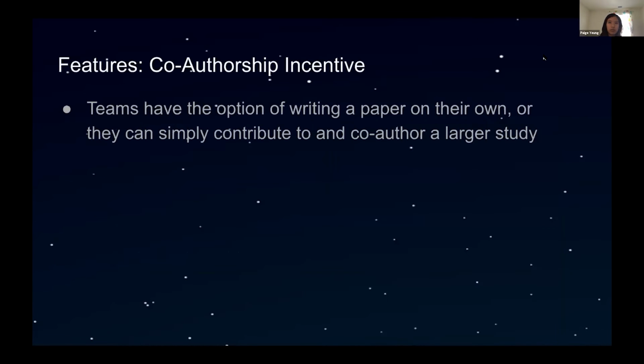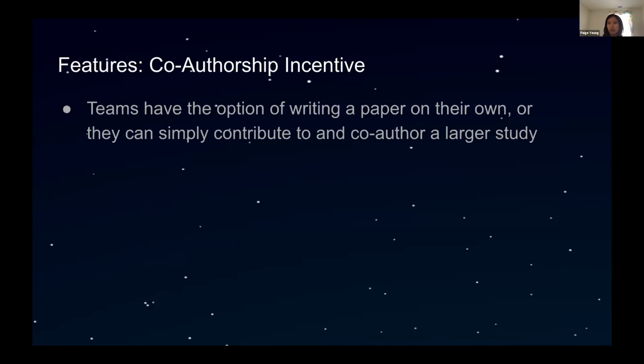The last feature I'll talk about, which I referred to earlier, is that participants had a co-authorship incentive. They could choose to either just contribute findings to our larger exoplanet study or to write an additional paper on their own. So they can partake in real science in this way to develop a better understanding of the topics at hand, whichever option they chose.